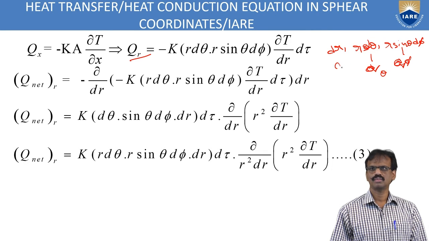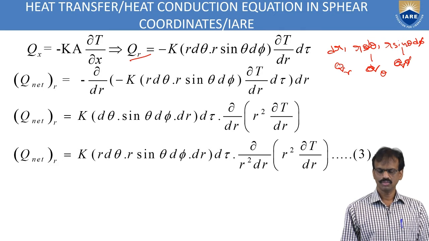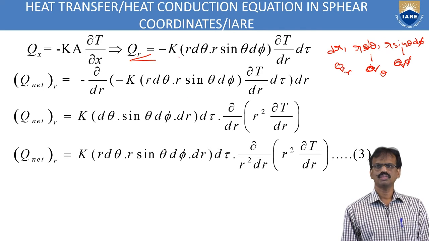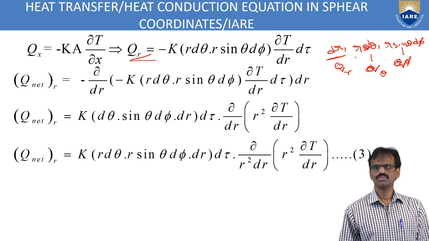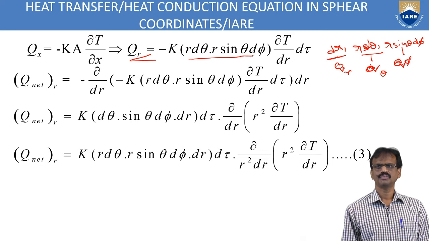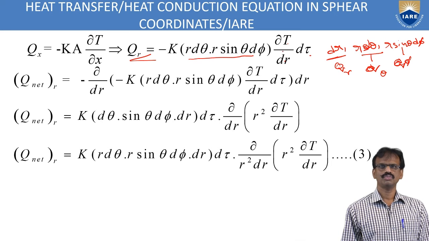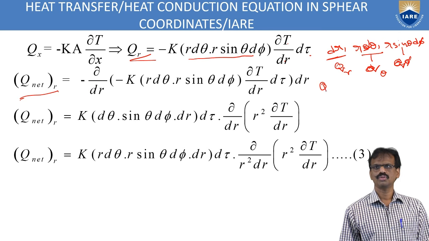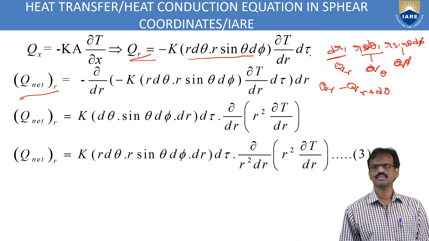Next with respect to r, that is qr. So qr is equal to minus kA. In this area, neglect dr and take r d theta into r sin theta d phi. That is the area, into dou T by dou r into d tau. Next is q net. You know the formula: q net is equal to qr minus q r plus dr.